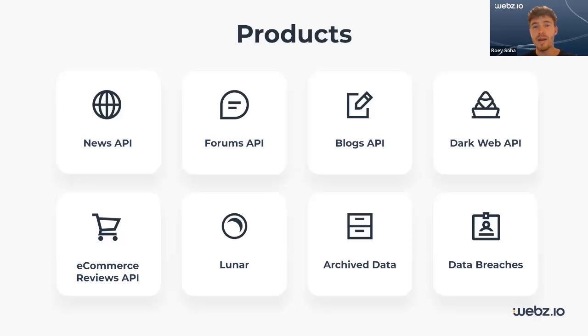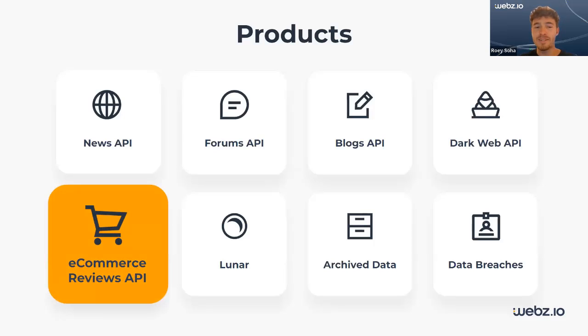As you see here, we have a wide range of products, including open web APIs, from news sites, blogs and online forums, dark web API, and Lunar, our dark web monitoring tool, among others. And I'm excited to be here today to showcase our new e-commerce reviews API.